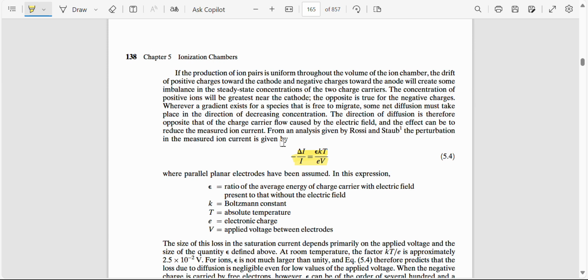So from this formula you can easily find the change in current. This minus delta I by I is basically the relative change in current.